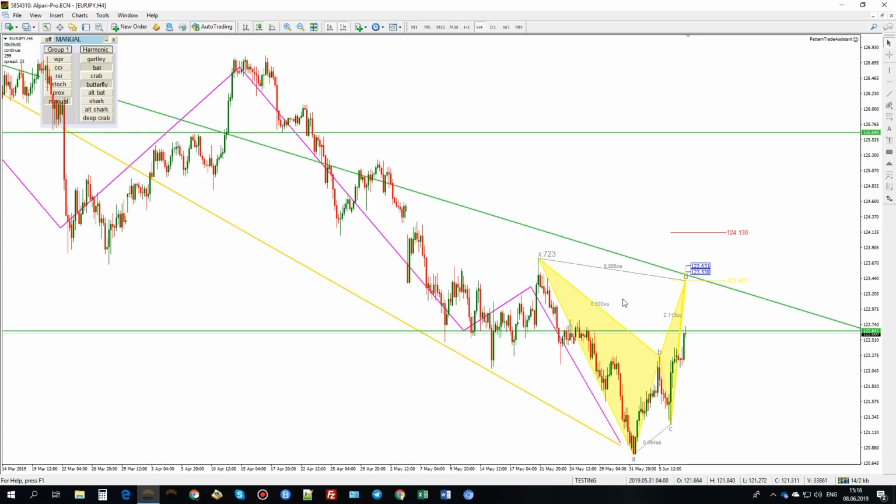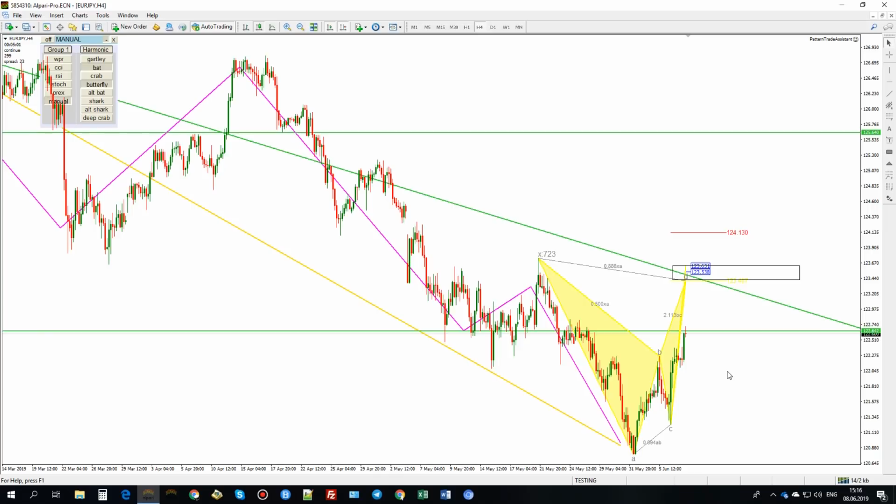An exact B point is something that happens very, very rarely, and we have a pretty tight potential reversal zone, and as you can see, this potential reversal zone is pointing to where? To our primary trend line. It looks pretty good. But later, just seconds later, I will explain why I dislike this pattern.